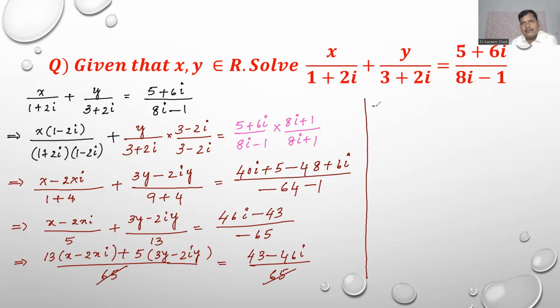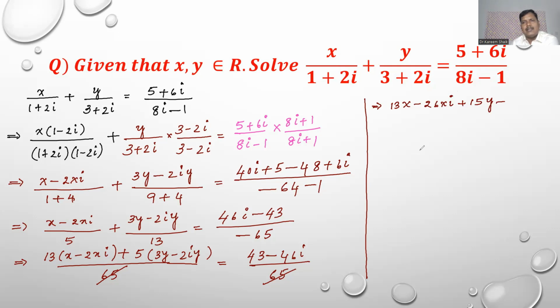13x minus 13 twos are 26 x iota plus 5 threes are 15y minus 15 twos, 5 threes are 15y.